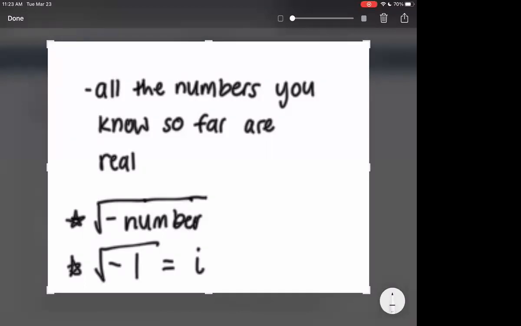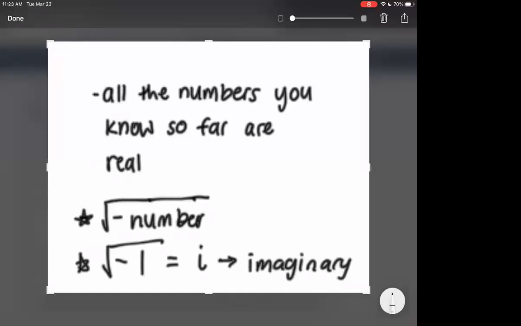Sorry, I'm fixing the attendance. So the square root of -1 is i, which is an imaginary number. It's not a real number.